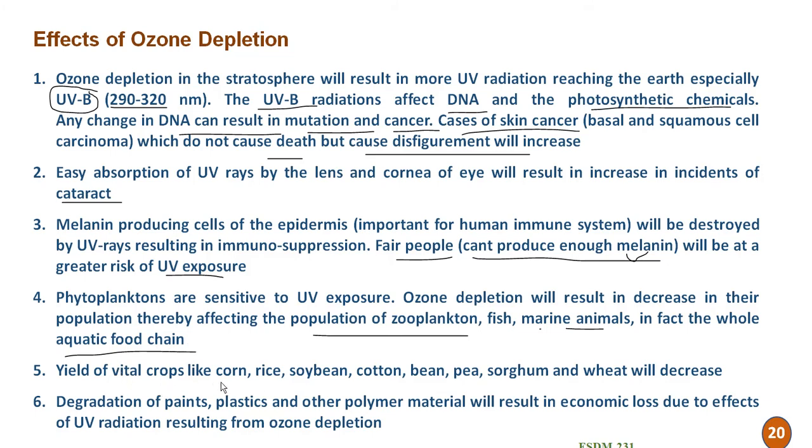Yield of vital crops like corn, rice, soybean, cotton, bean, pea, sorghum and wheat will decrease due to ozone depletion. And degradation of paints, plastics and other polymer materials will result in economic loss due to the effect of UV radiation resulting from ozone depletion. So these are some of the effects of ozone depletion.